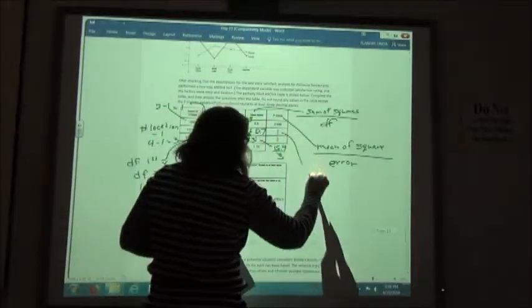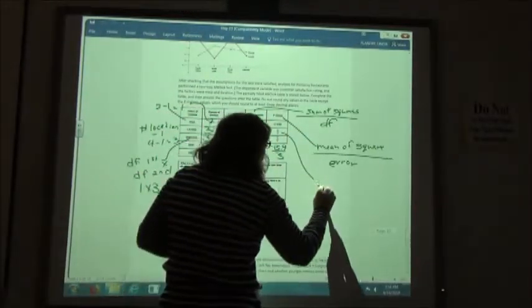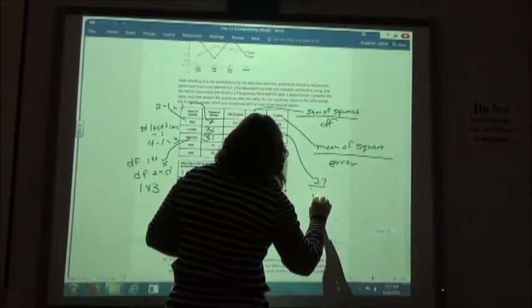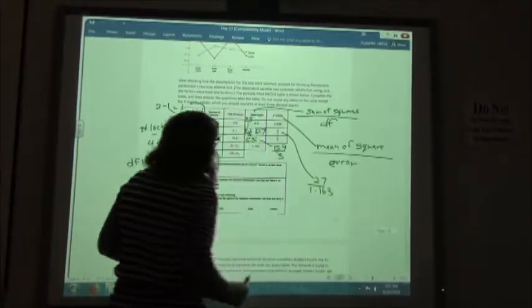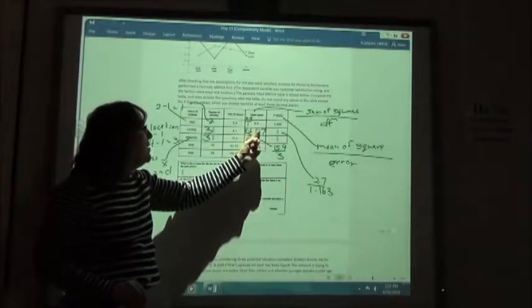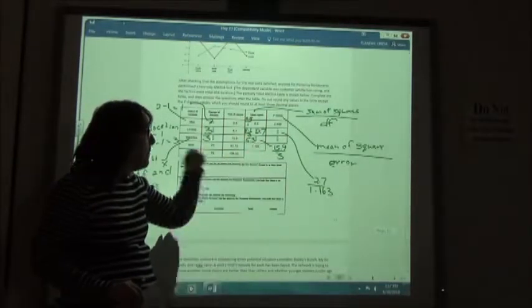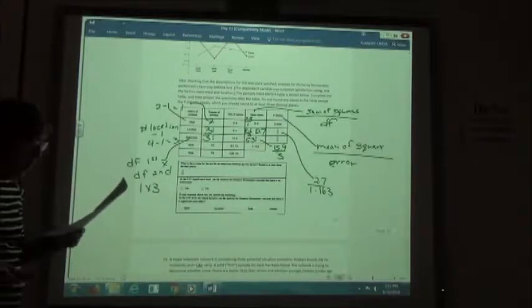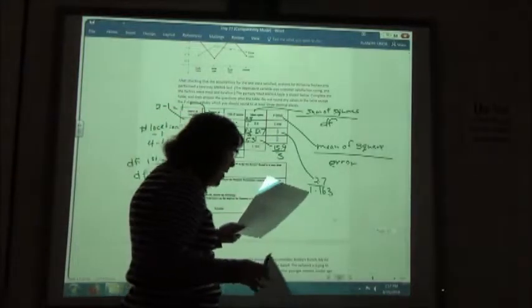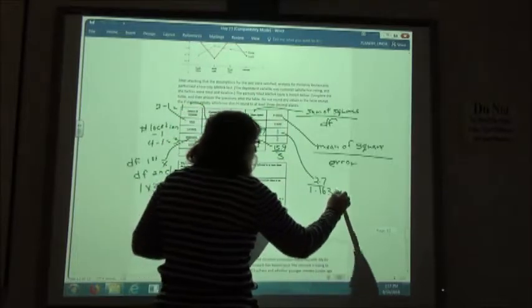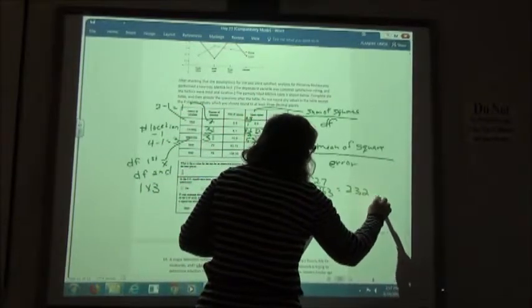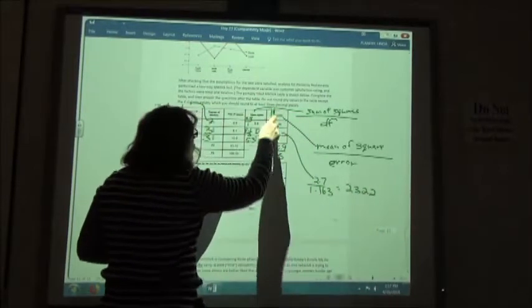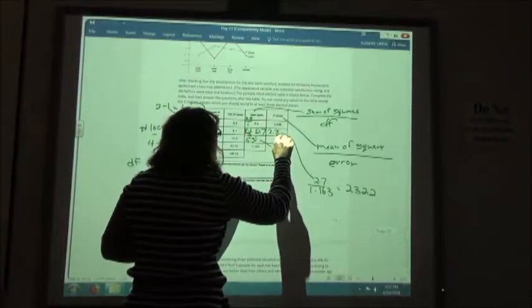For this box here, we are going to take the 2.7 divided by the 1.163. So the mean of the square divided by the error number. If you take 2.7 divided by my 1.163, we get 2.322. That one they said to go 3 decimal places.